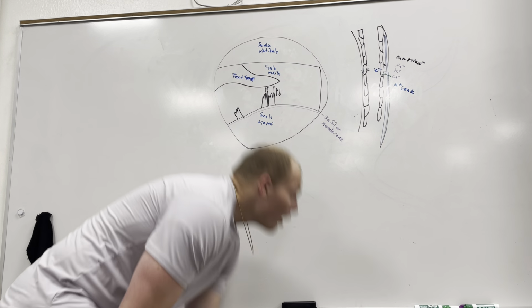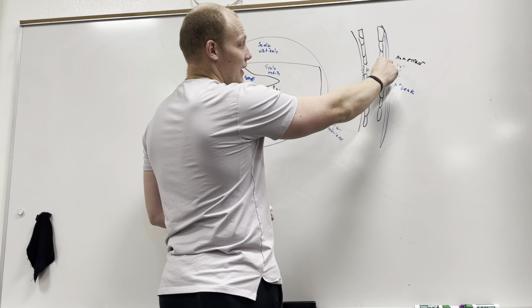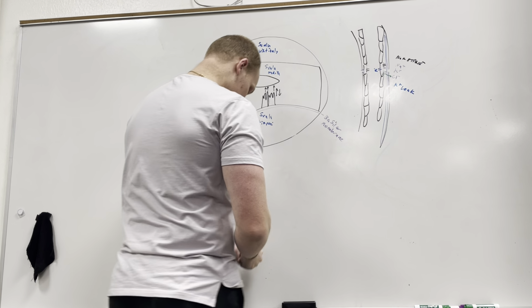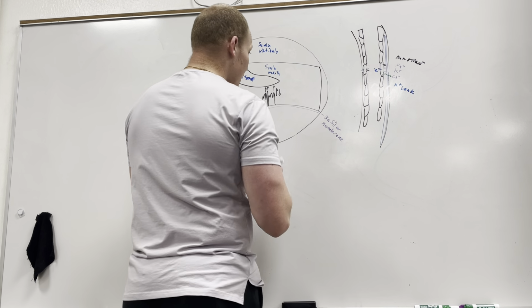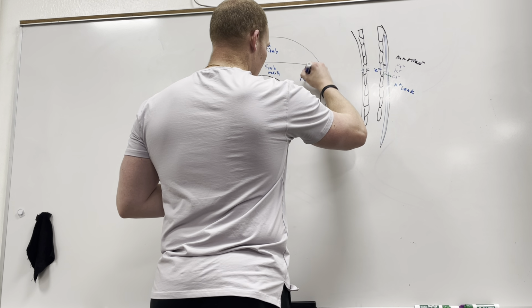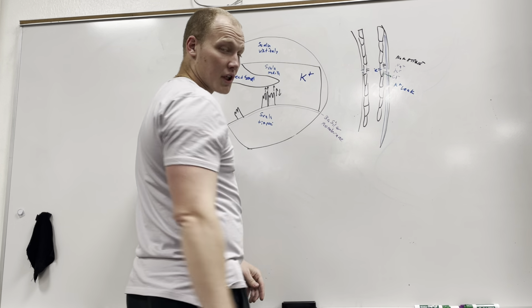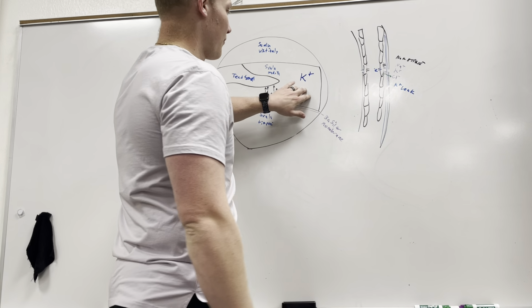So it pumps potassium in and lets it flow out, in, out, in, out, sending potassium into the endolymph so that there's a large concentration of potassium in the endolymph.